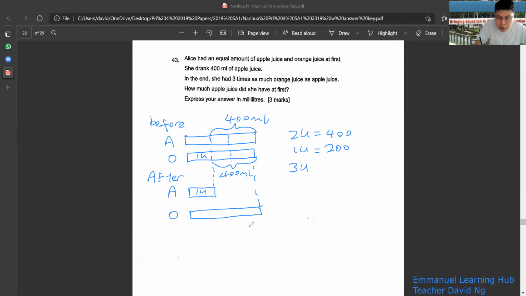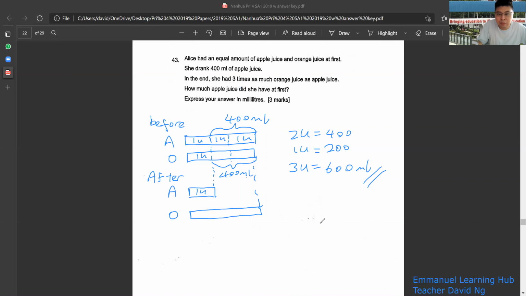No, you look at the model carefully. At first, referring to here is how many units? 600 ml. Very good. 600 ml. 400 plus 200, either that or 200 times 3.